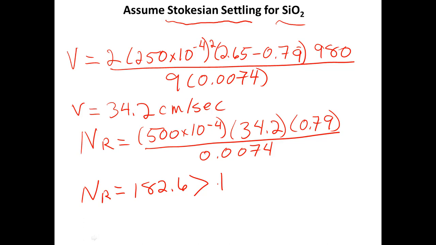Of course, that's a dimensionless number, and it's much, much greater than 1, which means we need to use the Hahn approach. In other words, Stokesian settling is not valid for quartz. So we're going to move on and use the Hahn approach now that we've calculated a Reynolds number greater than 1.